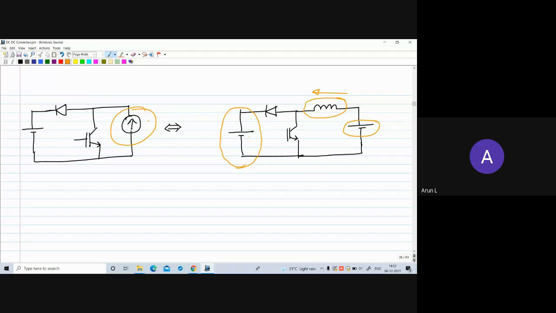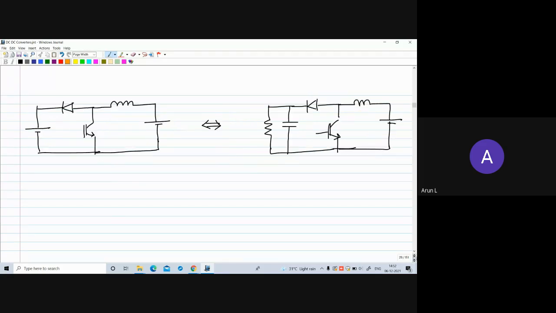A load section consists of a capacitor in parallel with a load resistance. If you replace that, the circuit will look like this. And if you observe the circuit from left to right, this is a boost converter. In the boost converter, you have a voltage source in series with an inductance and a switch, a diode, and the output section. So I will flip this circuit and redraw it on the next page.